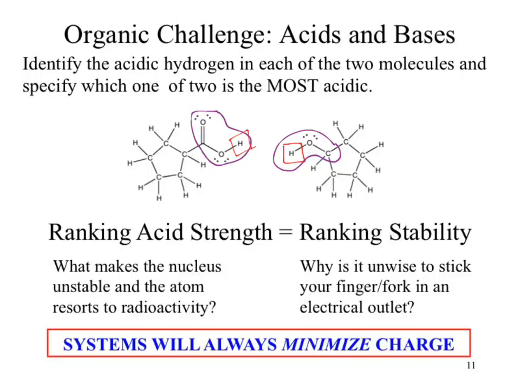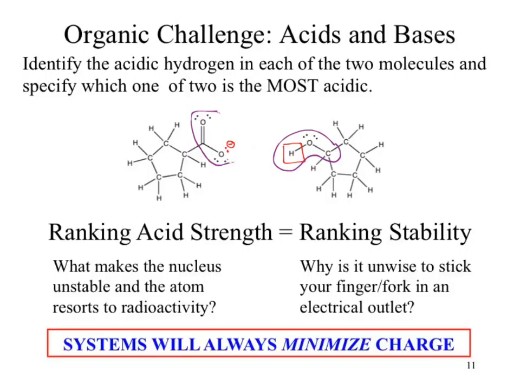Why is it more acidic? This comes back to trying to minimize our charge. What happens if I remove the hydrogen? What would happen to that oxygen? It'd be negatively charged, right?